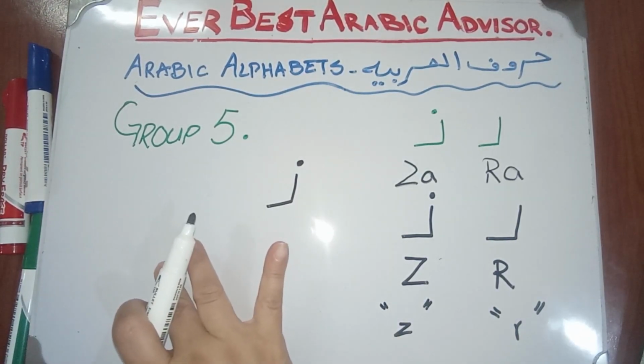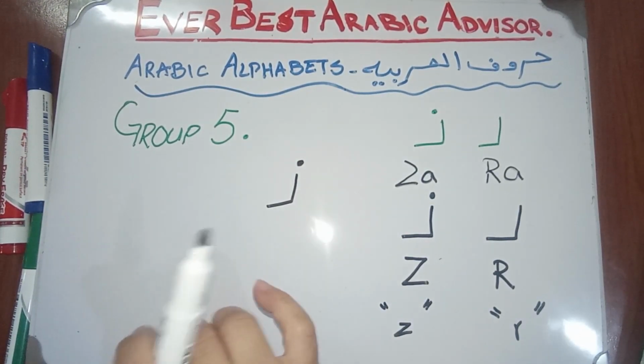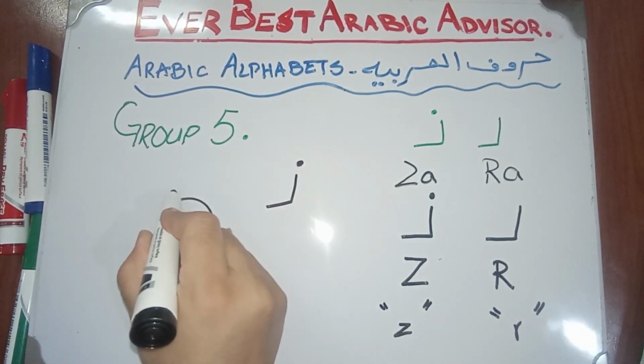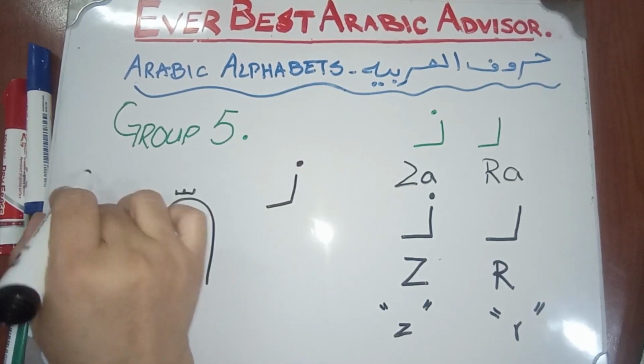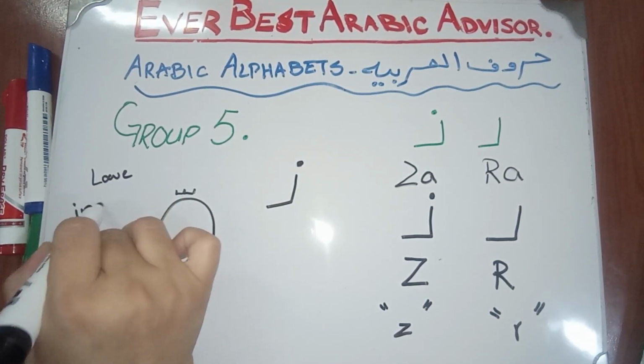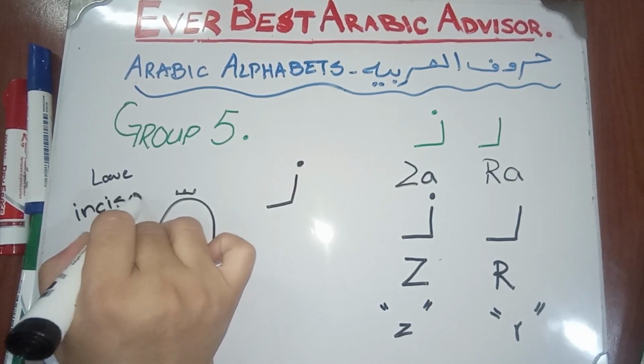Let me revise again. The articulation point of Za is the tip of the tongue, and these are your lower two incisors.